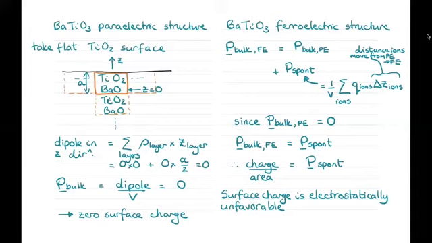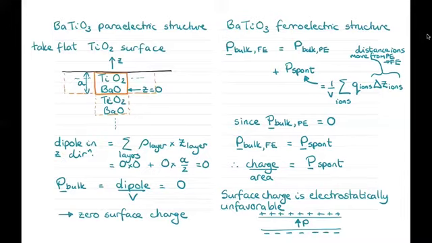And there's a problem for ferroelectric thin films. So we have a very thin film of a ferroelectric, such as barium titanate. For the polarization perpendicular to the film, the surface charge can be large and electrostatically unfavorable.